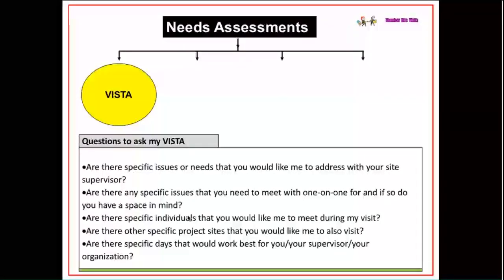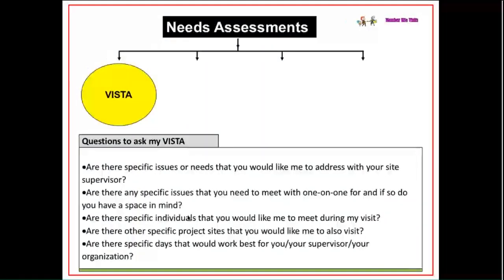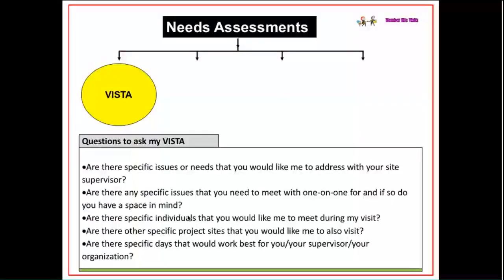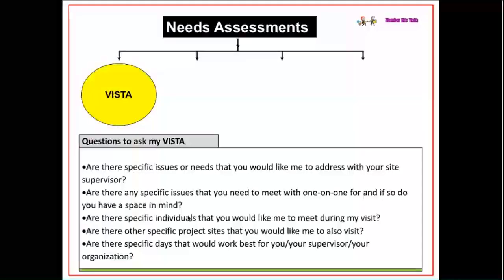Me doing a member site visit on that day may not be the most appropriate time to have quality conversations and quality time with the individuals I'm going to visit. So just checking those, learning those in advance, it's going to be a win-win situation for everybody.